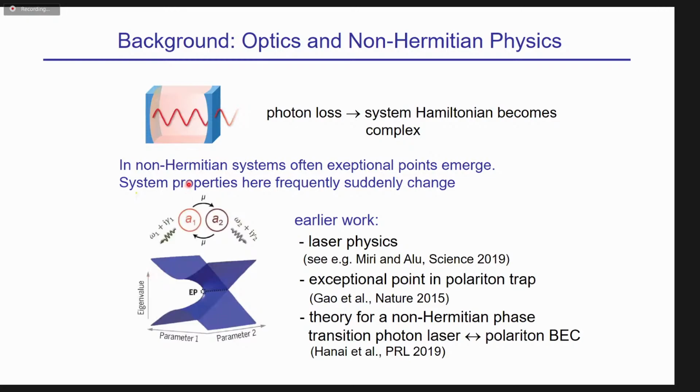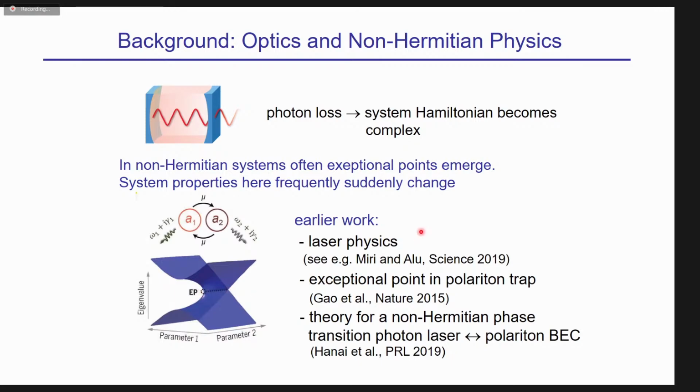In general, in such non-Hermitian systems, exceptional points often emerge. At a typical exceptional point, if you can change two parameters, two eigensolutions coalesce.